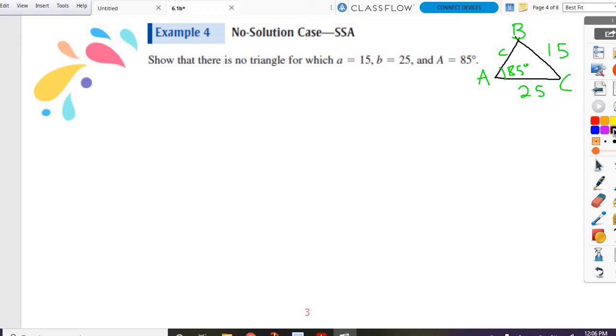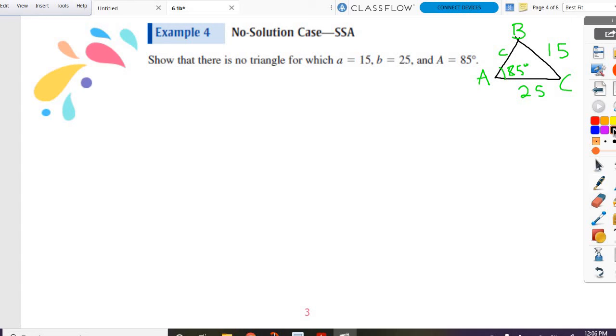Okay. So again, we're going to start this process like it's our normal law of sines question. What side or angle do I have enough information to find right now? Big B, yes.